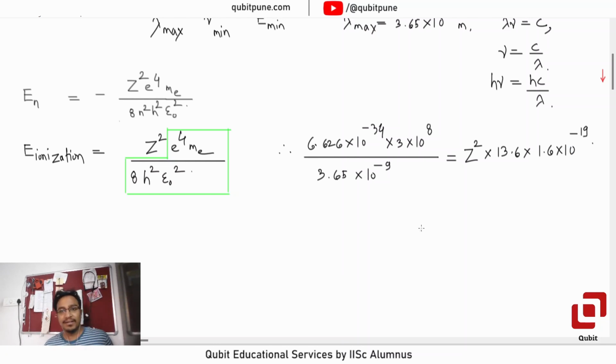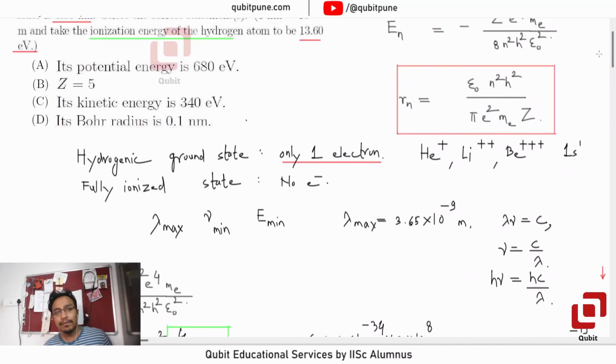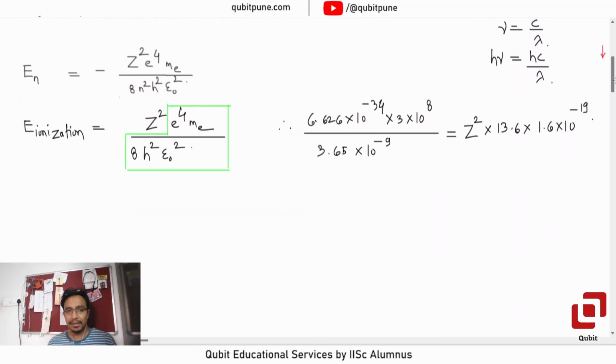From this we can find Z squared, take the root. If we get it as 5 or close to 5, then option B will become correct, otherwise it will be incorrect. Okay, so let's go to that.